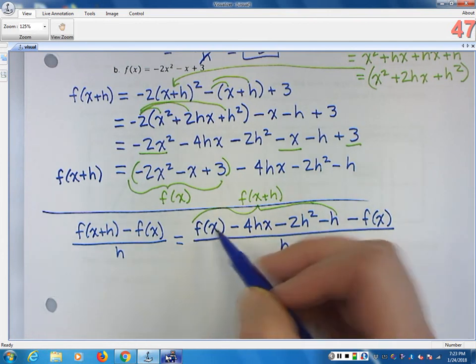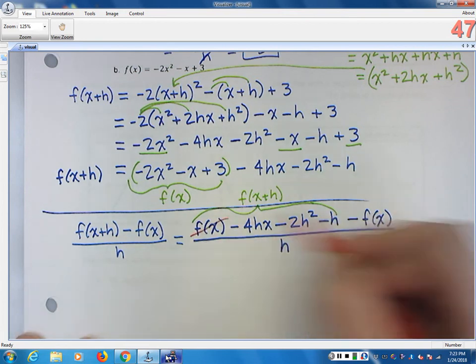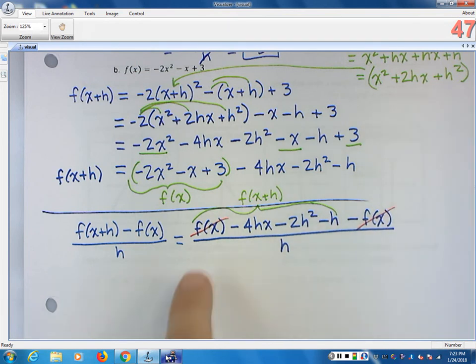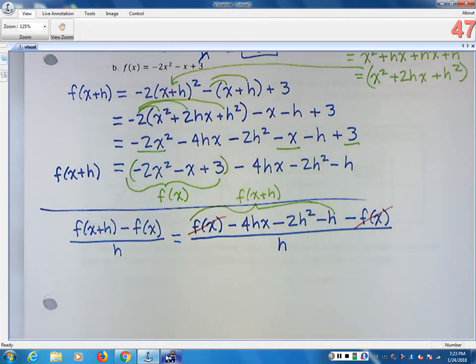Well, f of x minus f of x is 0. These cancel. So you kept yourself from having to distribute and put parentheses, and you probably kept yourself from making some mistakes doing the shortcut. And now I'm going to factor out an h.